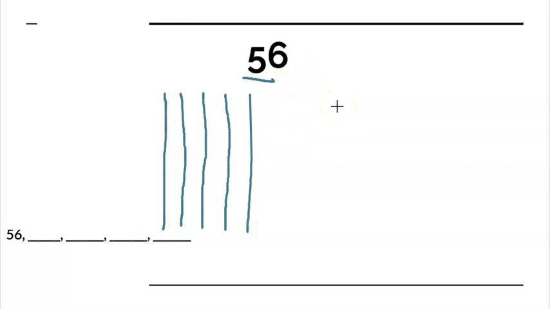Beautiful. Now look, how many ones will be in my number 56? 6 ones, because I see a 6 in my ones place. 1 one, 2 ones, 3 ones, 4 ones, 5 ones, 6 ones. I have my 5 tens and my 6 ones.